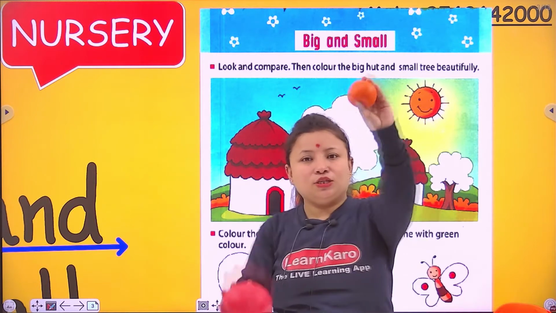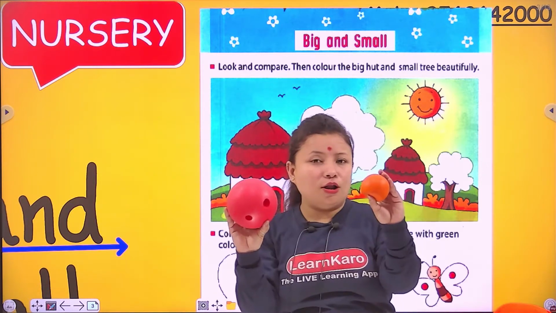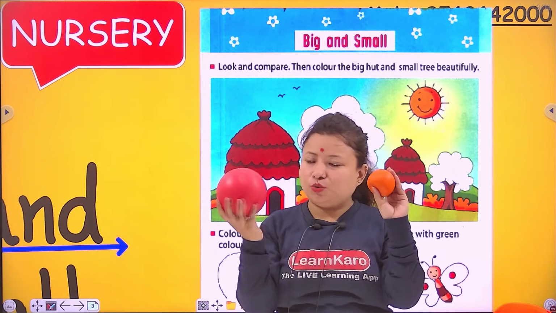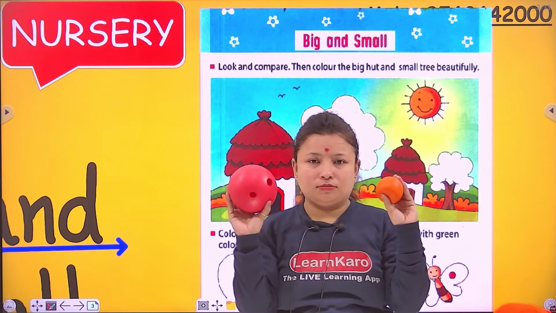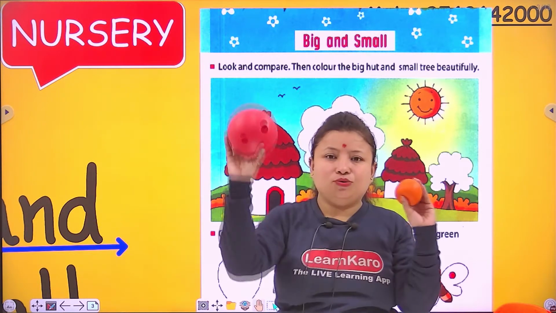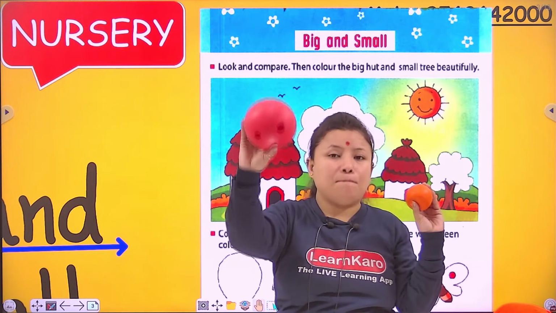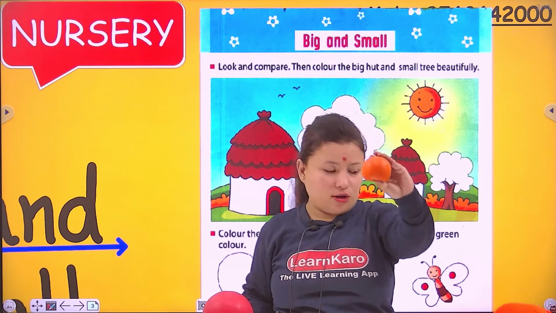Big, small, big, small. Now which one is big? This one or this one? Tell me. Excellent. The red ball is big and the orange ball is small.